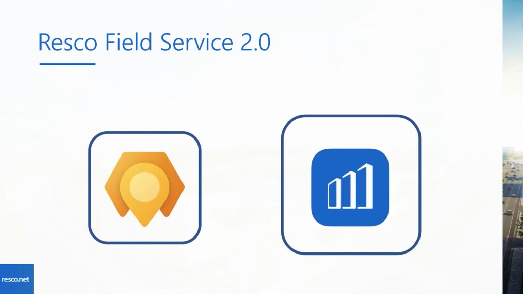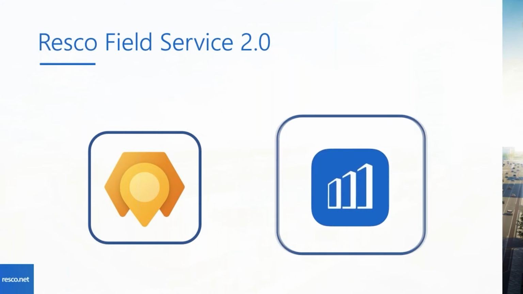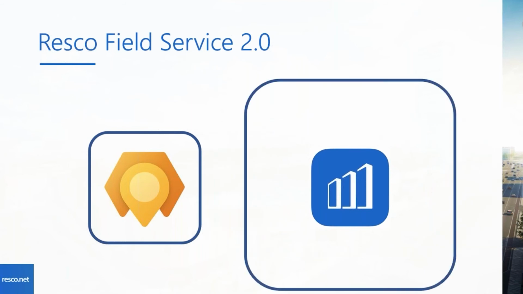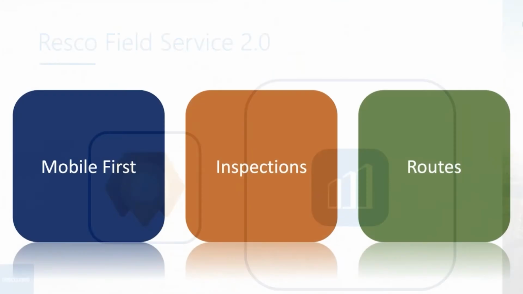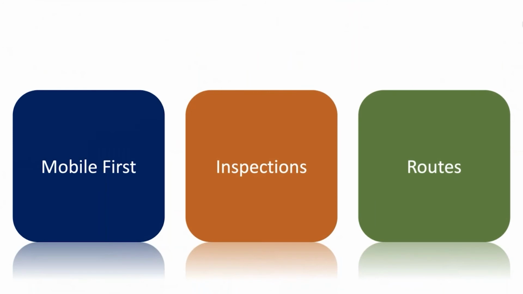But we're thinking, let's change that a little bit and provide that Resco Field Service 2.0 program to base it on all the best from the Resco kitchen. So it's the default Resco Mobile CRM application with a lot of extra value and extra functionality that the customers can benefit from. So what is that extra functionality?